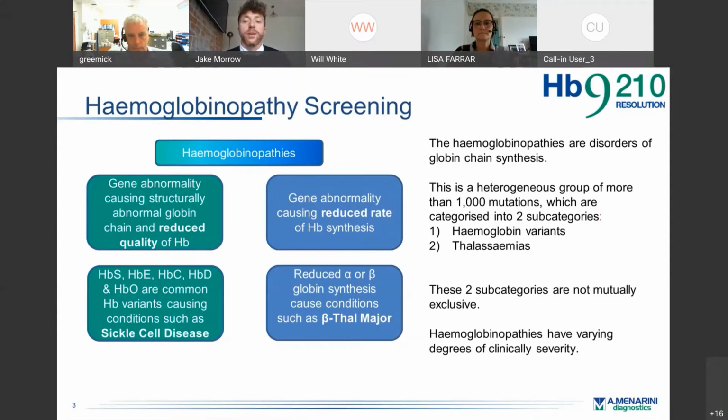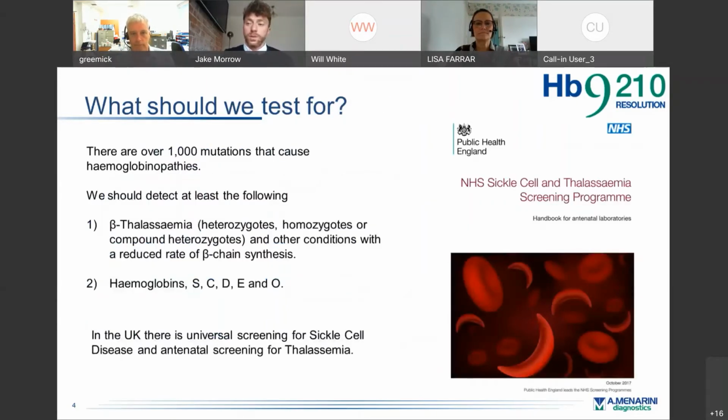Hemoglobinopathies have a varying degree of clinical impact for the patient. As mentioned, there are over 1,000 mutations that can cause hemoglobinopathies. It's not possible or practical to detect all hemoglobinopathies, but we certainly must make every effort to detect those that are the most common and pose the biggest risk to quality of life, at an individual patient management level and also at the family planning level.